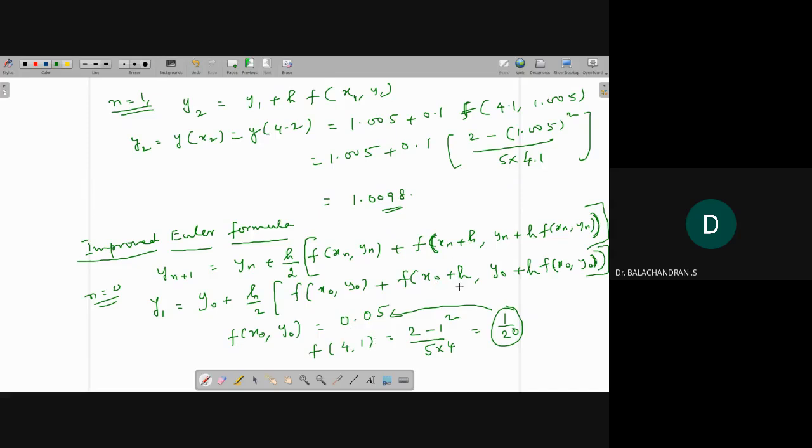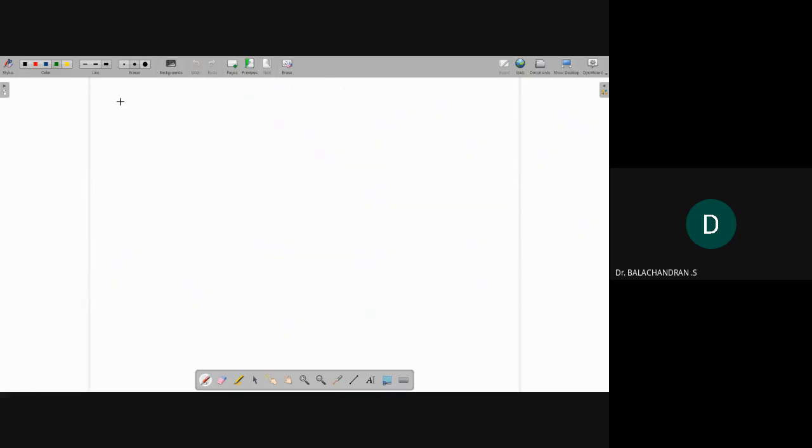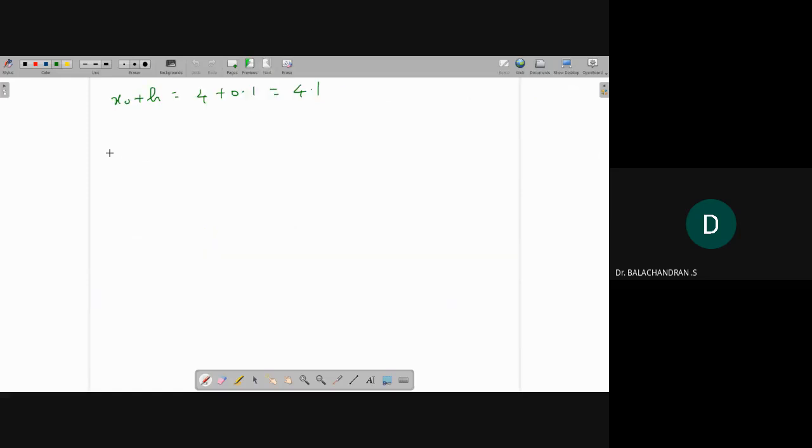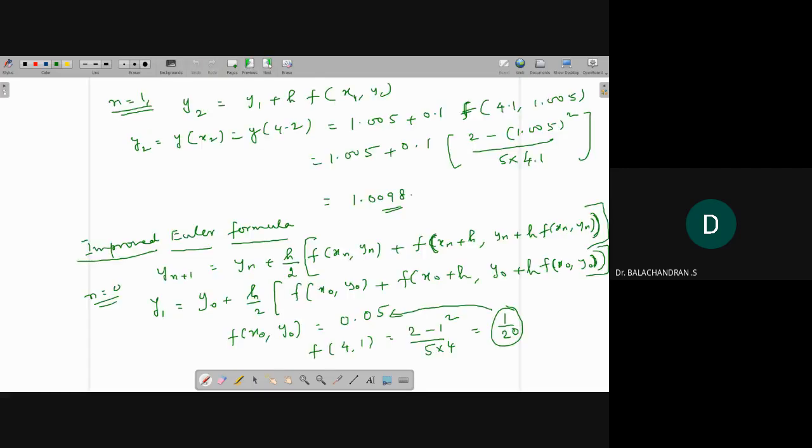So next, x0 plus h: 4 plus 0.1 is 4.1. And y0 plus h into f of x0 comma y0.